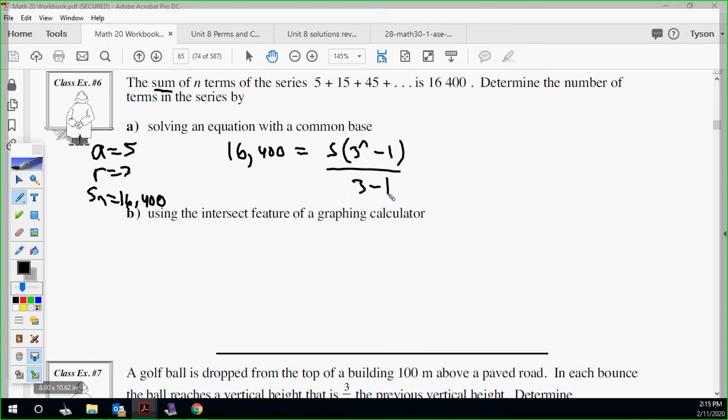Okay. So we're just going to do our work here. 3 minus 1 is 2, so I'm going to multiply 2 to both sides. So that gives me 32,800 equals 5 times 3 to the n minus 1. We're going to divide by 5. It gives me 6560.